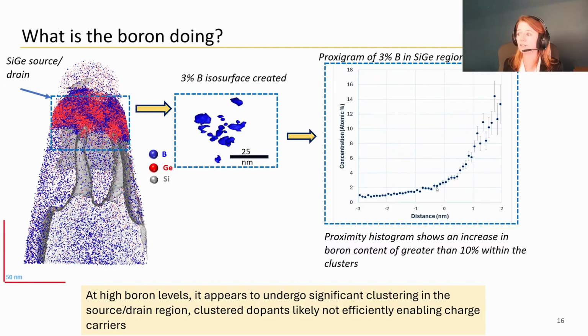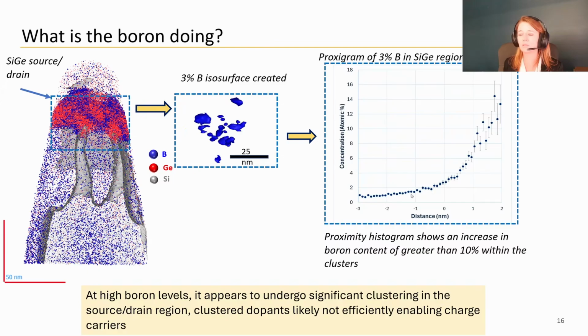What we find here is that as we go from the surface, which is 0.0 on our distance map, and go interiorly to the inside of these blue regions, we actually reach a concentration of up to 10% boron, which is extremely high for these type of structures.